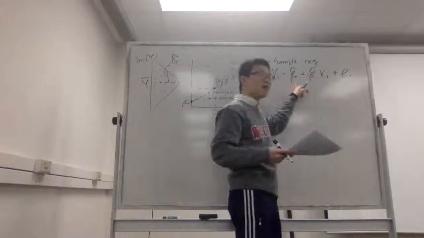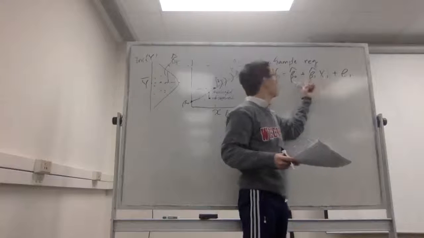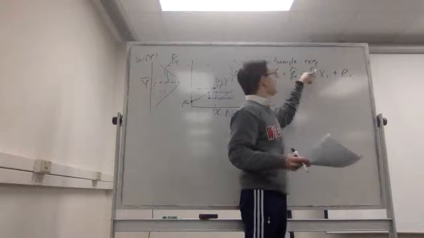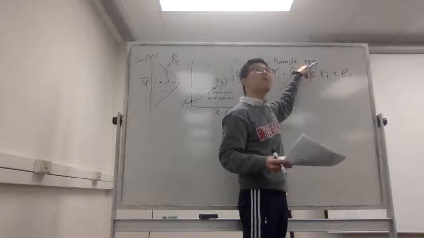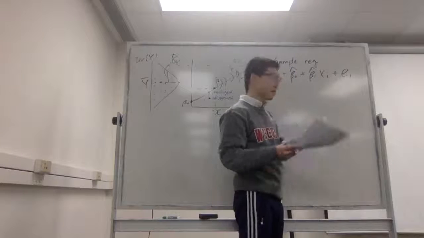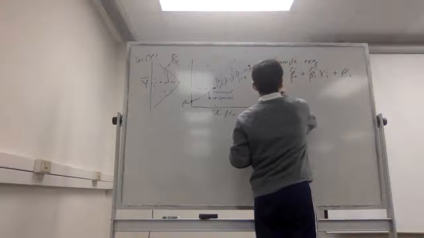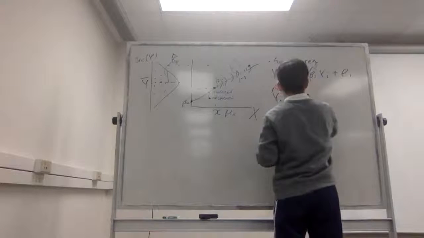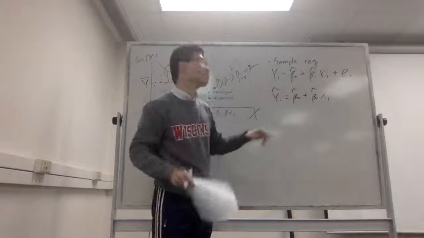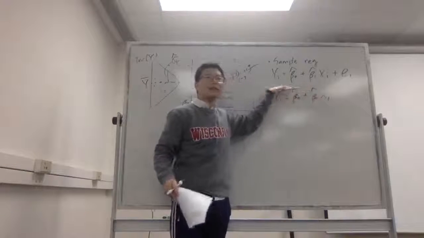Good. And then beta 0 hat and beta 1 hat also have hats because they are estimated from the sample at hand. Good. And now yi hat also becomes this one. So you see three different hats, right?